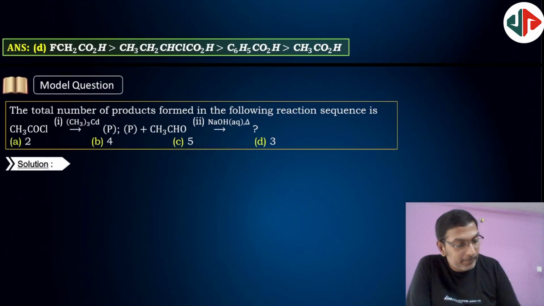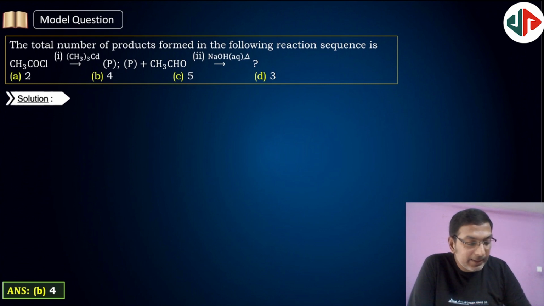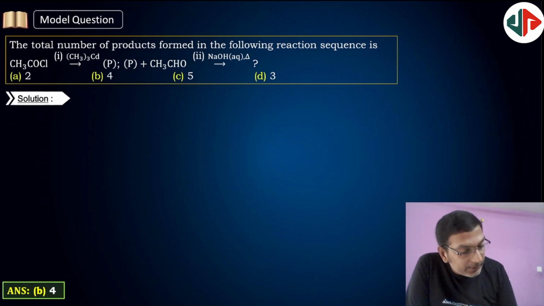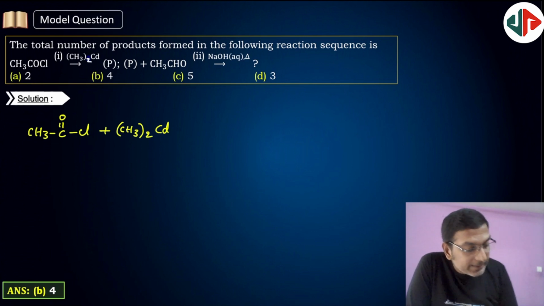Next. The total number of products formed in the following reaction is. So first CH3COCl, acid chloride, plus (CH3)2Cd, dimethyl cadmium.